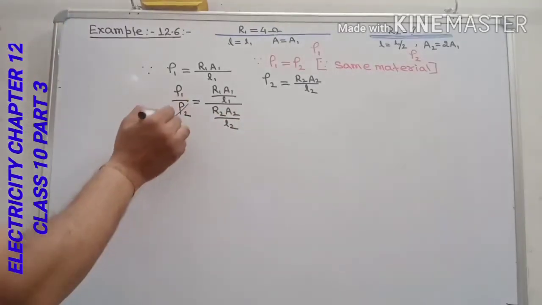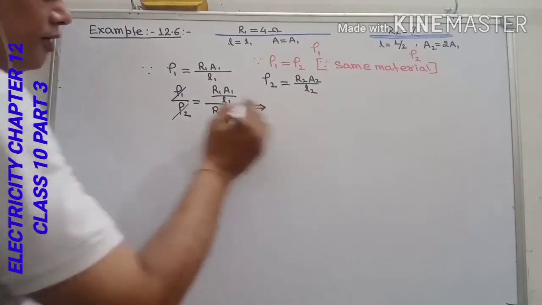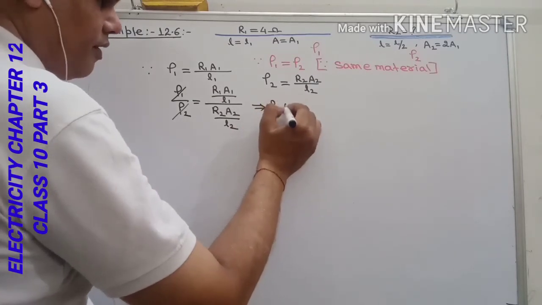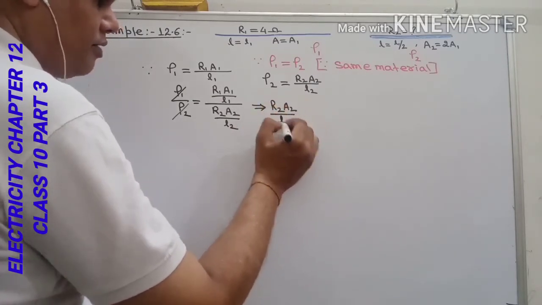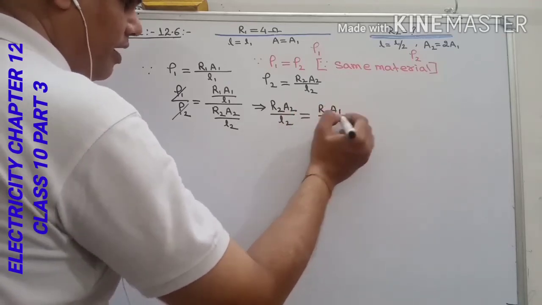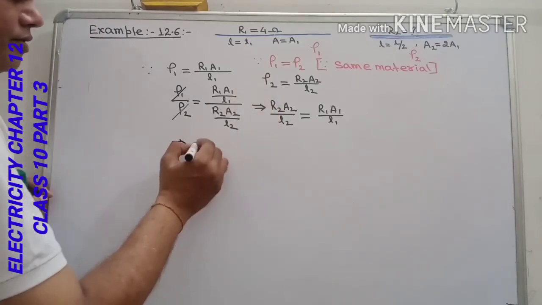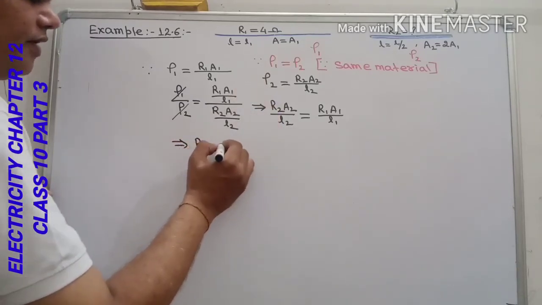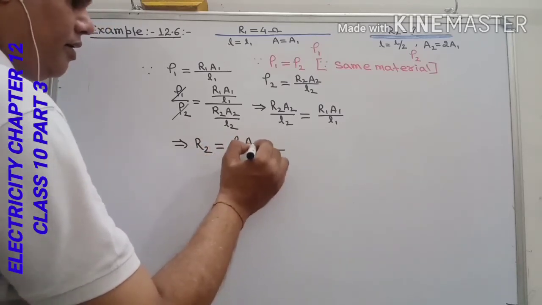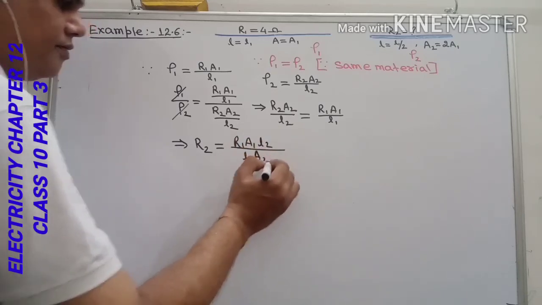As these are same value, we cut it. Then we can cross multiply it. So we will get R2 A2 upon L2 comes out to be R1 A1 upon L1. Now we have to find out only R2. So take R2 only, then it will be equal to R1 A1 L2 upon L1 A2.